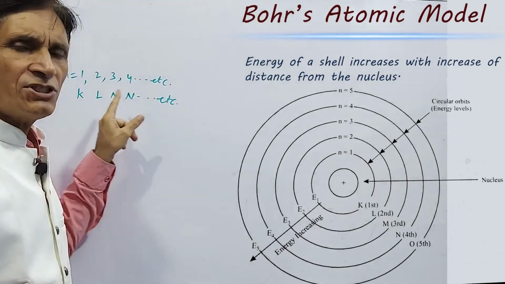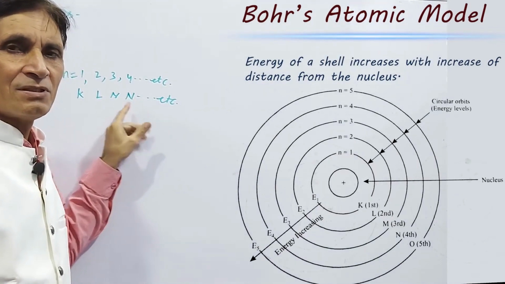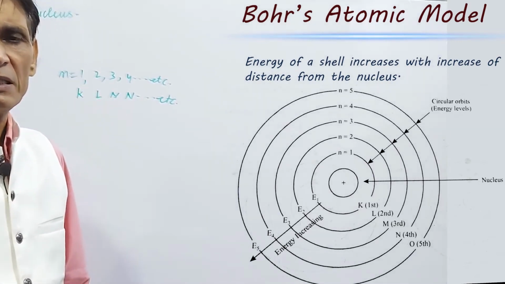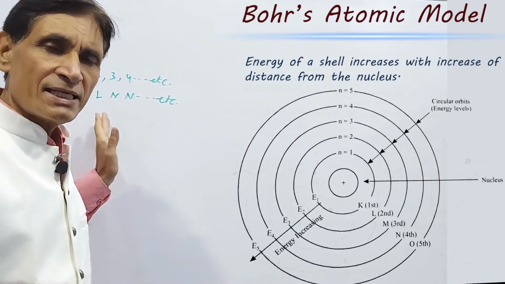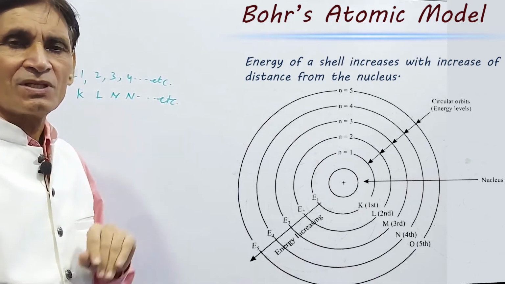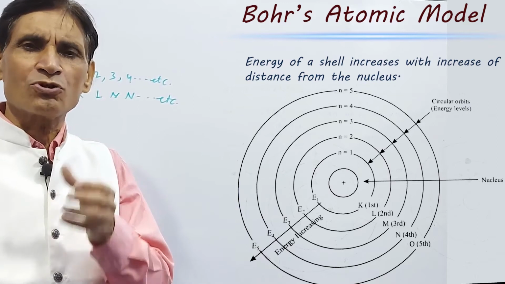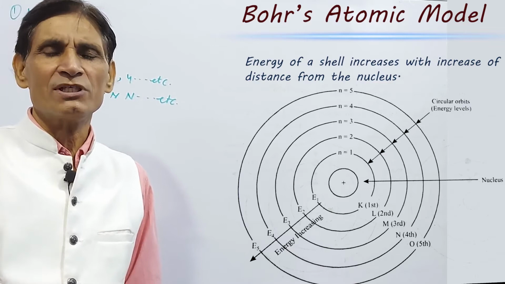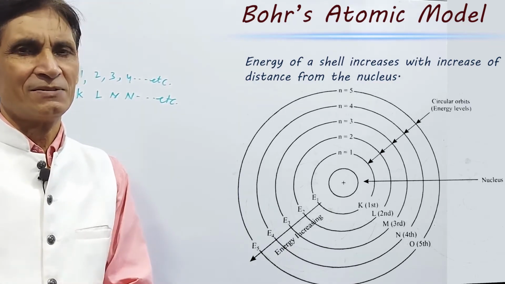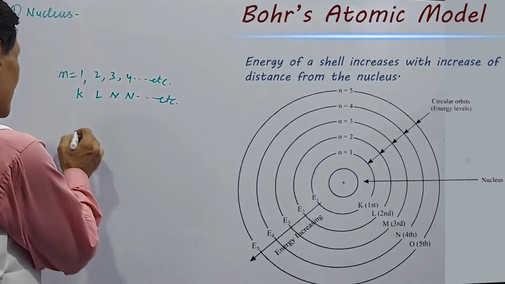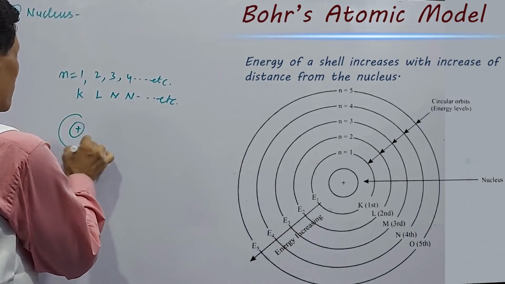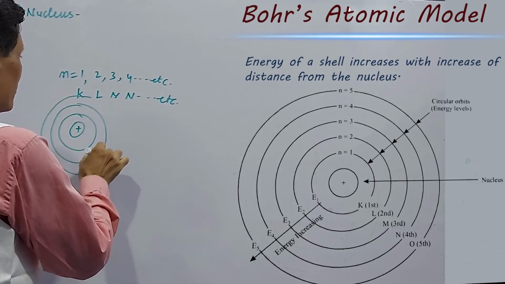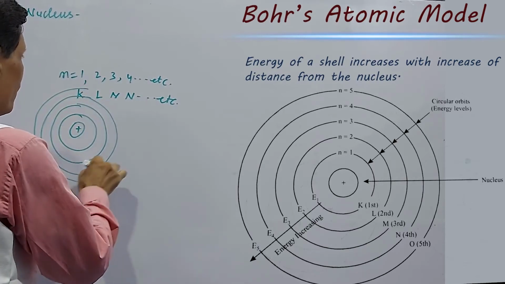With the increase of distance of energy level from the nucleus, energy of the shell or energy level increases. The energy level or shell closest to the nucleus has lowest energy, but farthest away from the nucleus has highest or maximum energy. In this case, like this shell closest to the nucleus, second shell, third shell, fourth shell.